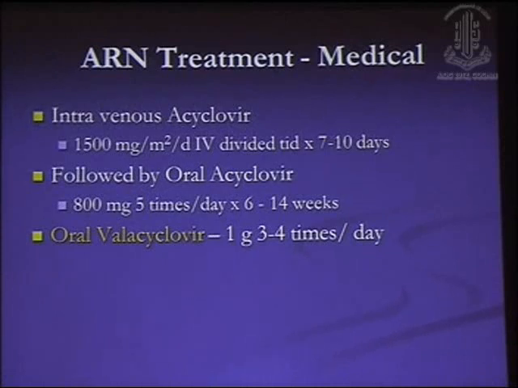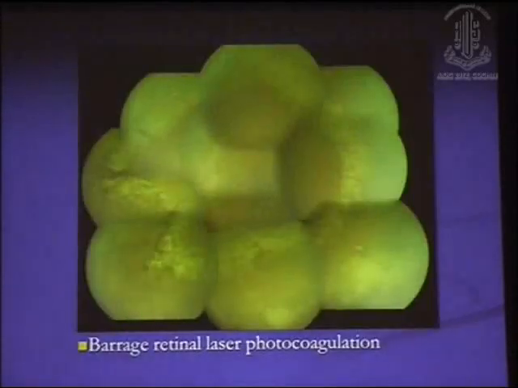Now oral steroids are also required, which we usually start pretty much after about a day of acyclovir. Now about the role of laser photocoagulation in acute retinal necrosis, it's still debatable.